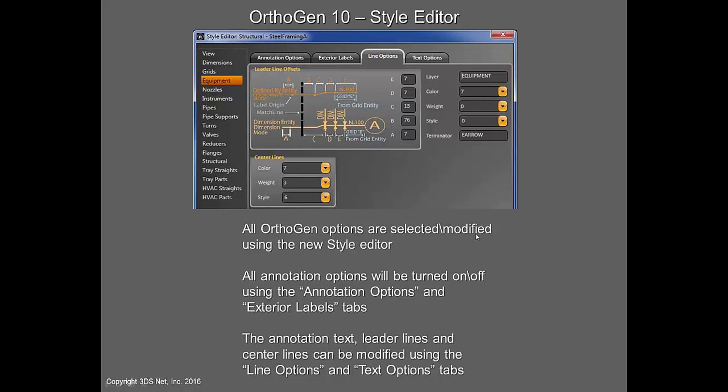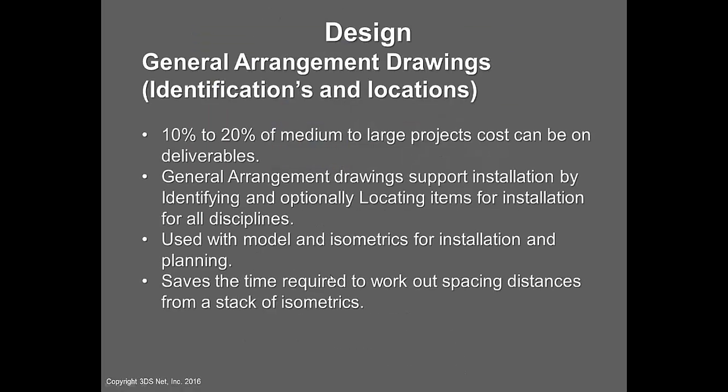So you can access all these through the style editor. You can copy styles and modify styles very quickly. All the different things you control: what's going to be labeled, how it's going to be labeled, whether it's inside or outside, and then all of your CAD parameters for that label.